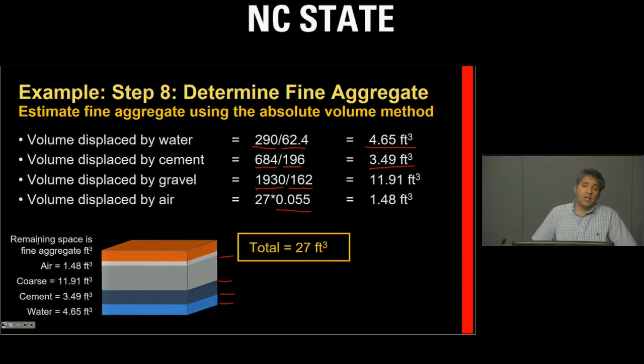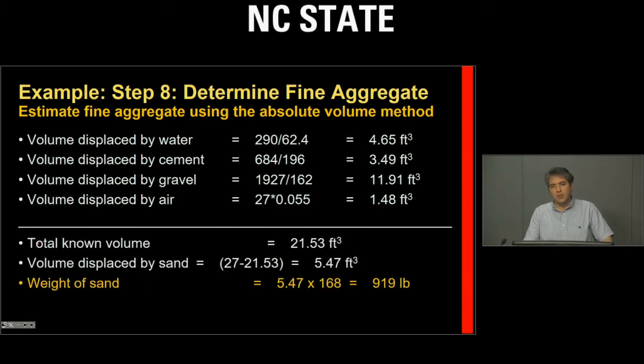Therefore, we multiply the 27 cubic feet by 5.5%, and that tells us 1.48 cubic feet of that is air. The rest of this has to be filled with sand, and that is what we are doing. So basically, we calculate all of these components. We sum up all the volumes, and we end up with 21.53.